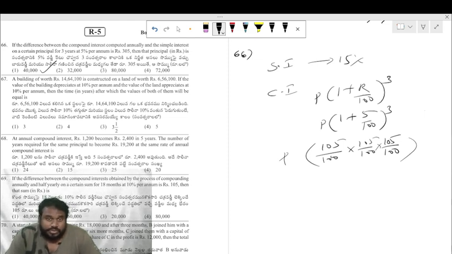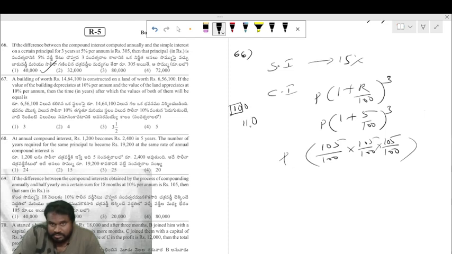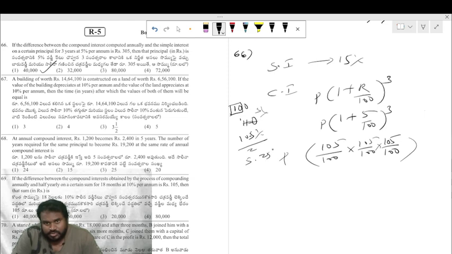Like this also you can do, and you can take the initial value as 100%, and 10% of it is 10. Sorry, 10% of it is 10, but 5% is 5. It will become 105%. Again for this, 10.5 divided by 2, 5.25% per second. Like that, you can also calculate. But here I'll do this.